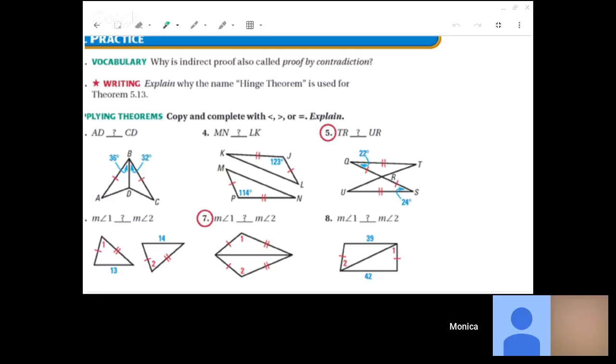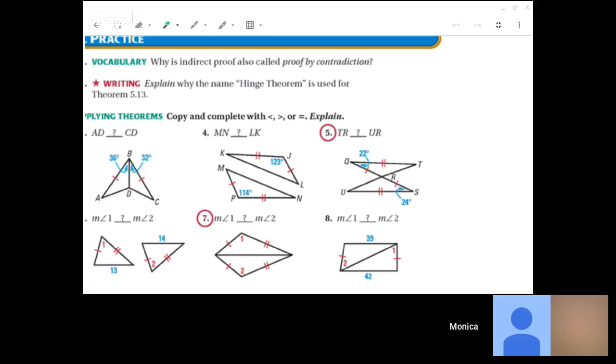So if we look at those two angles, which is the bigger angle? So which side is across from that 24-degree angle then? Yes.